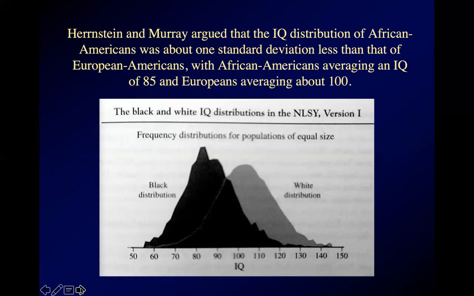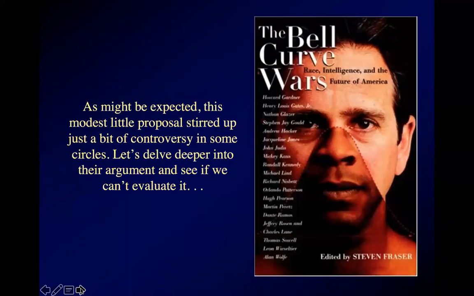Because if the African American population is genetically doomed to being less intelligent than their white kin, then clearly no amount of affirmative action and preschool education and all of that stuff is going to make any difference if it's just programmed into the genes. This stirred up quite a bit of controversy in some circles. For the record, I think the book is utterly wrong, and I certainly don't support their conclusions.